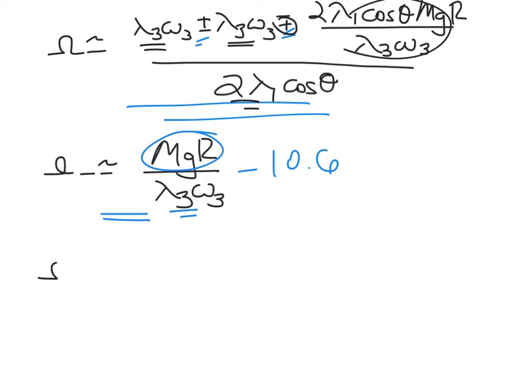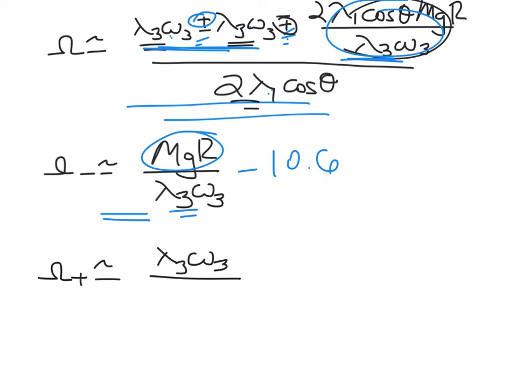Let's look at the positive precessional frequency now. So we see that we're going to get a plus sign here, and in this term we get a minus sign here, and because we've assumed that this term is much bigger than this over here, then we're going to actually ignore this term. And so we're really just going to get these two added together, divided through by this, and what we find is the second precessional frequency is this, so that's the component of the angular momentum about the E3 axis, divided through by lambda 1 cos theta.